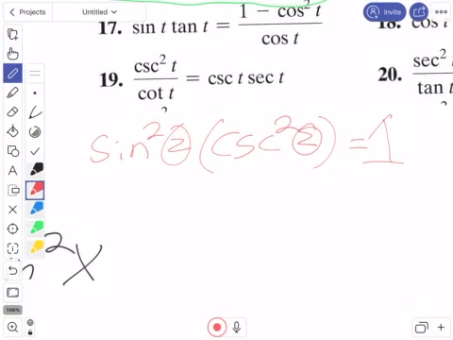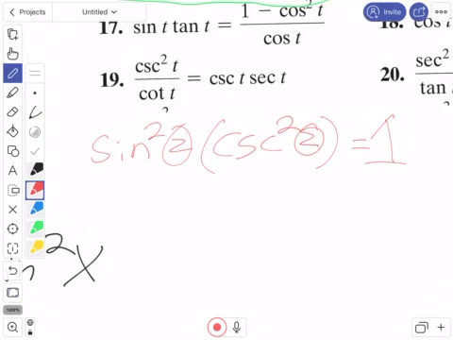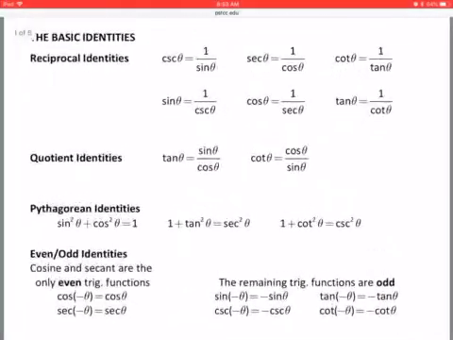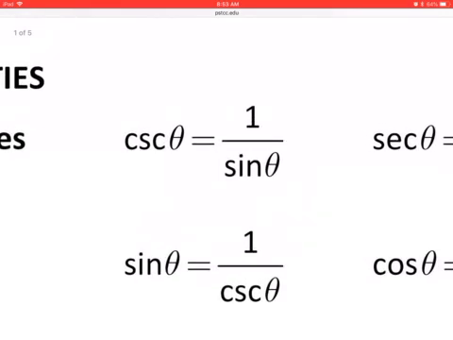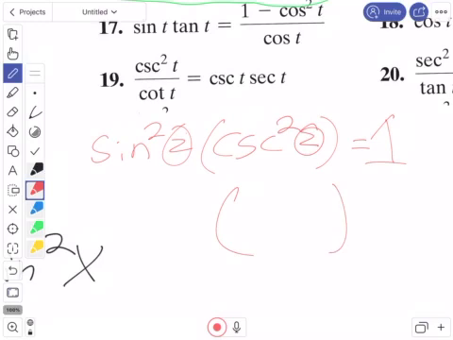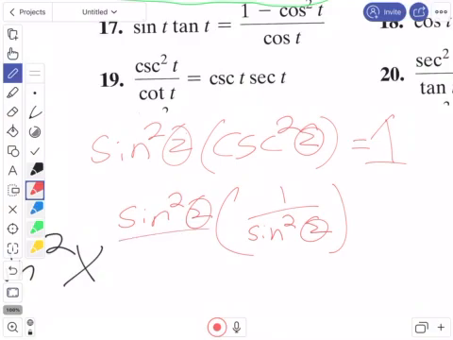So cosecant squared of theta, recall from our identities back here, we can rewrite that as 1 over sine of theta, and since we're squaring it, just rewrite it to 1 over sine squared of theta, multiplying with the sine squared of theta from the first step.